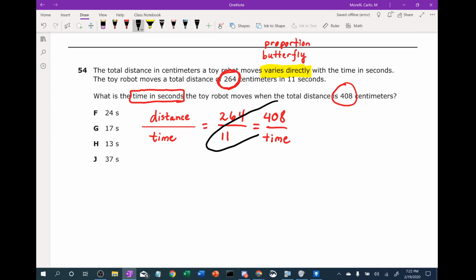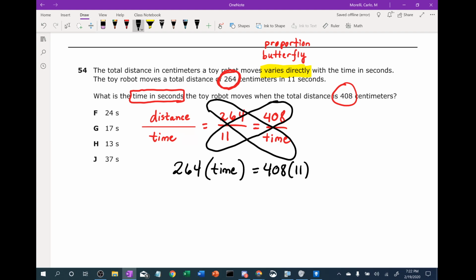So you have 264 times the time, which we don't know, equals 408 times 11. And so all you have to do is divide both sides by 264. Cancel, cancel.